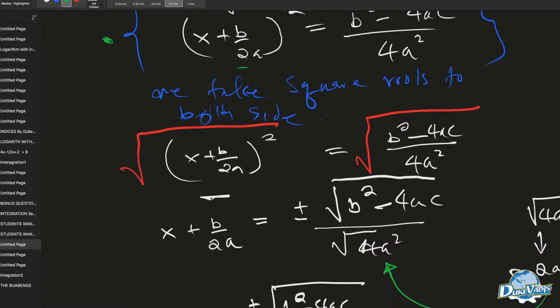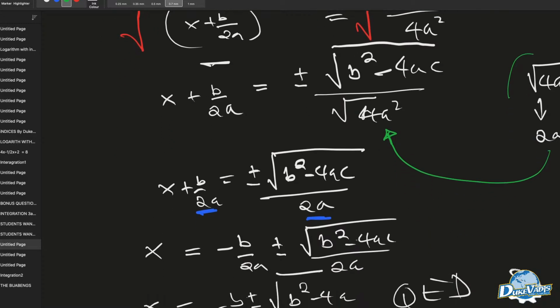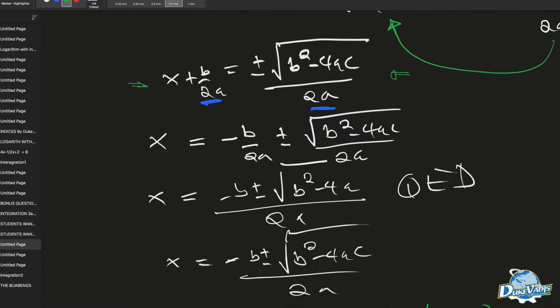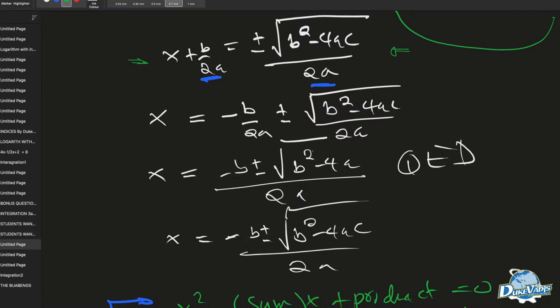Also bear in mind that we can separate the square root: square root of b squared minus 4ac all over the square root of 4a squared, and we know the square root of 4a squared is 2a. So we substituted it back into this equation. Further substitution and expansion gave us this expression. When we realize that the two a's are the same, we put them together and we get our general almighty quadratic equation.